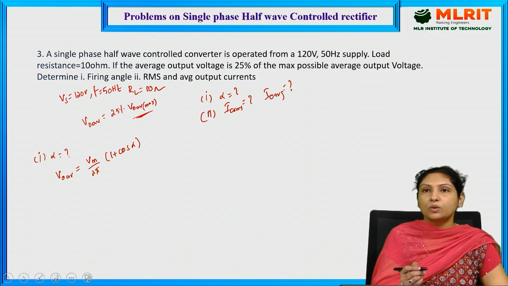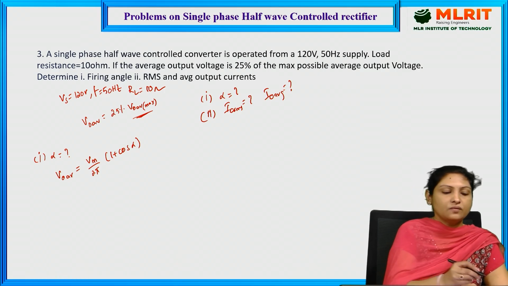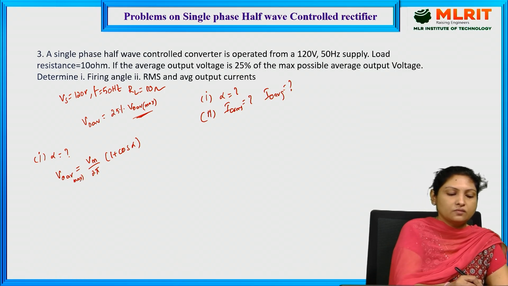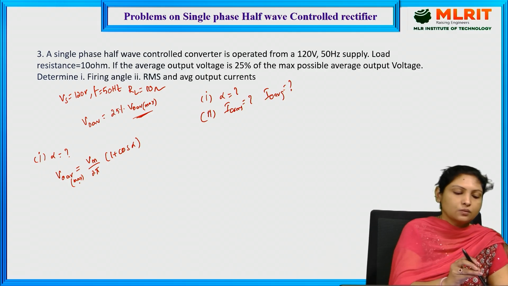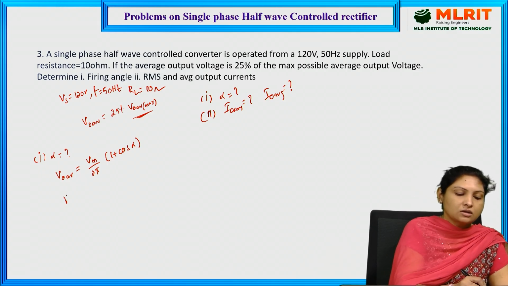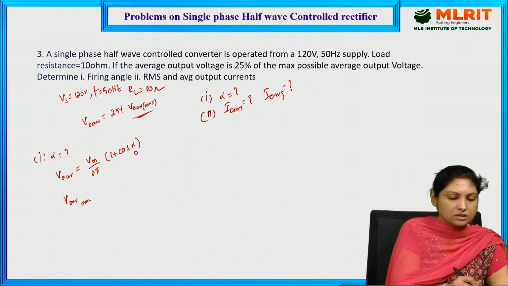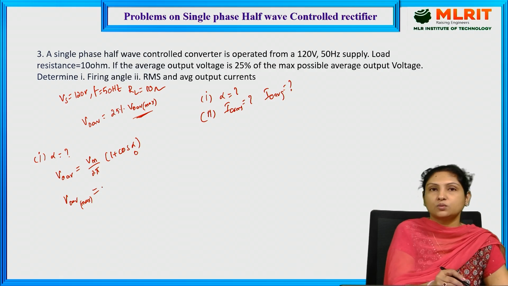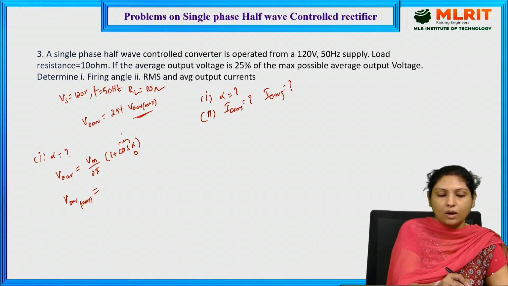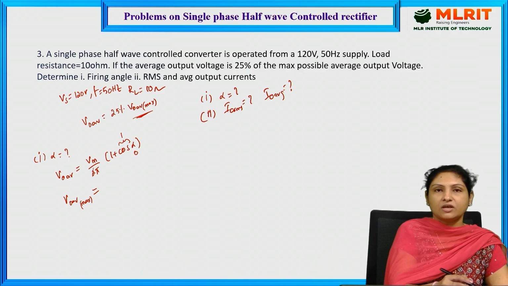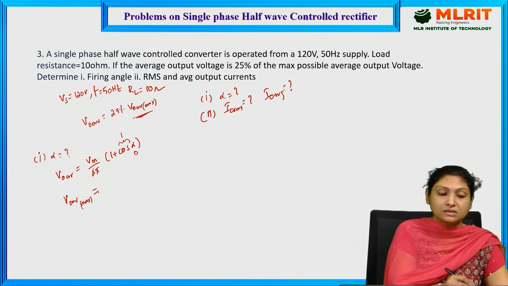We need to find the maximum possible V0 average, which occurs when alpha is equal to 0. Cos 0 is 1, 1 plus 1 is 2, and this 2 gets cancelled. So V0 average maximum is Vm by pi.